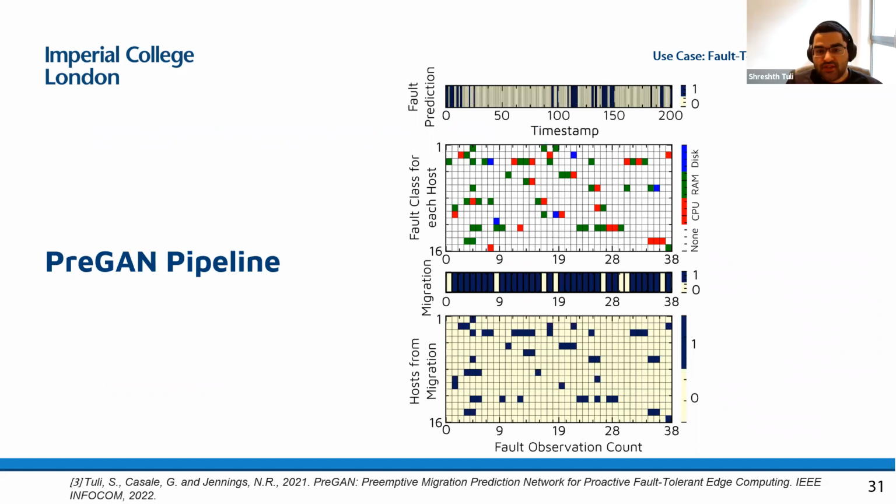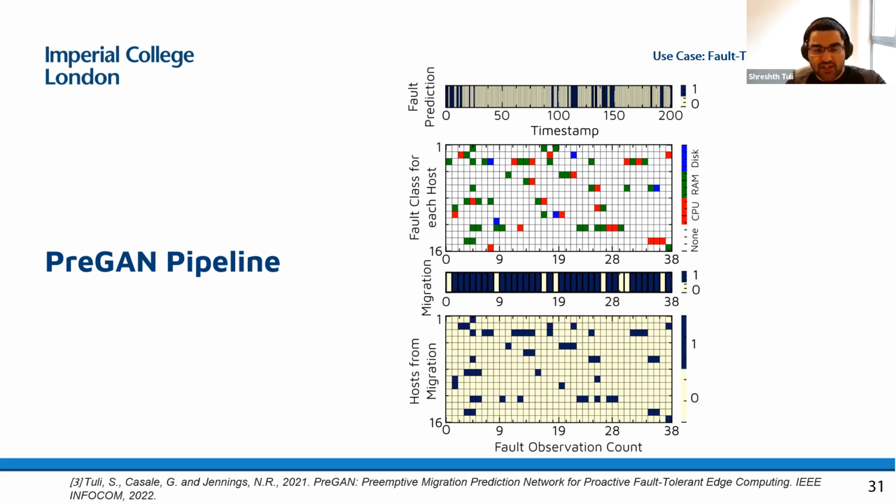So this figure visualizes how the complete PreGAN pipeline works. The grid on the top denotes the intervals at which the PreGAN model predicted a fault, and fault is denoted by the black line, and yellow denotes no fault. These are 200 timestamps, and specifically 38 timestamps are those in which the PreGAN model predicted a fault.